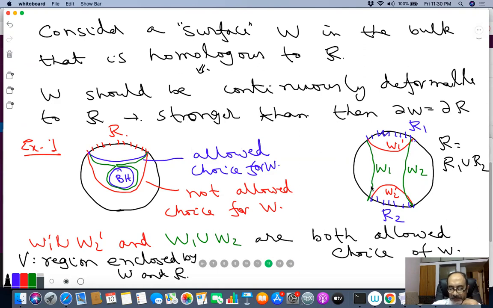On the other hand, if it's W1 union W2, then the region between the union of W1 and W2 and between R1 and R2 is this whole region. So that's our V. V is a region enclosed by W and R. Is that clear?